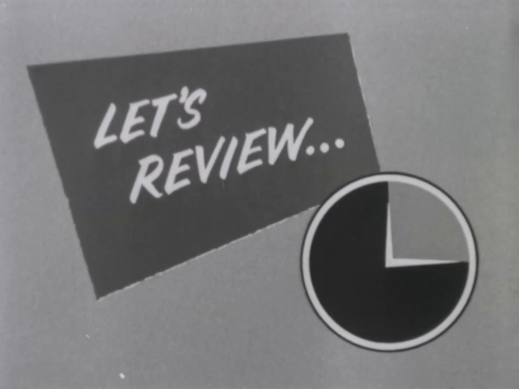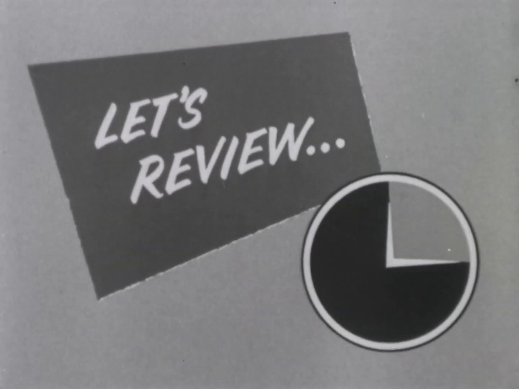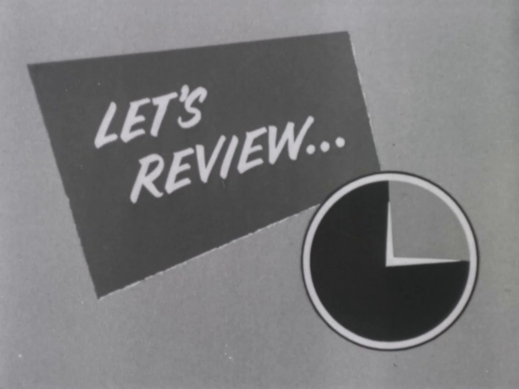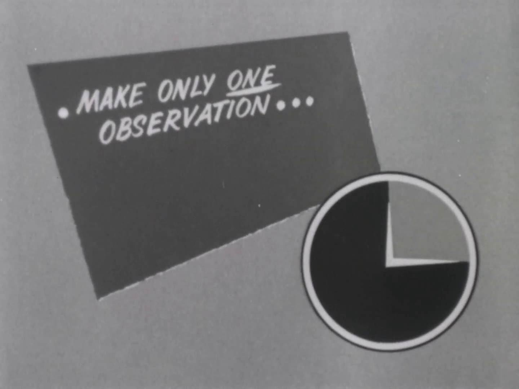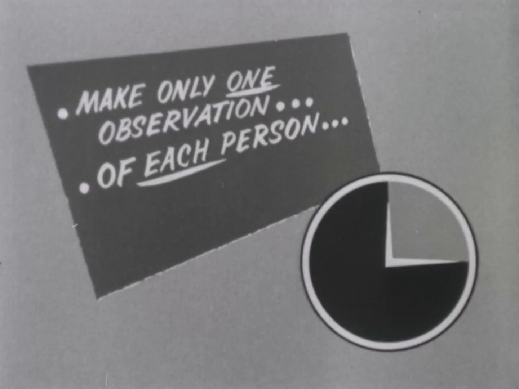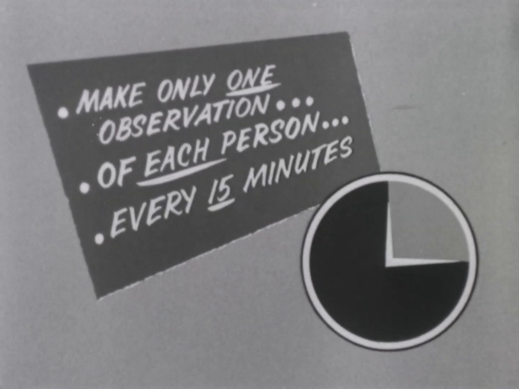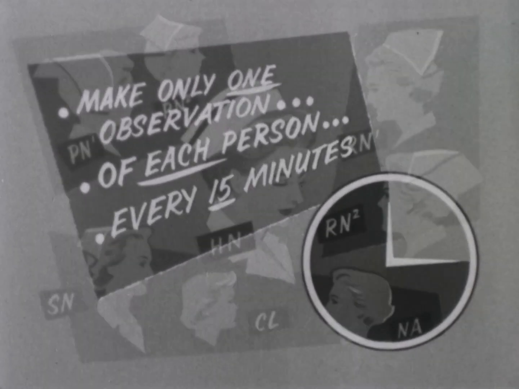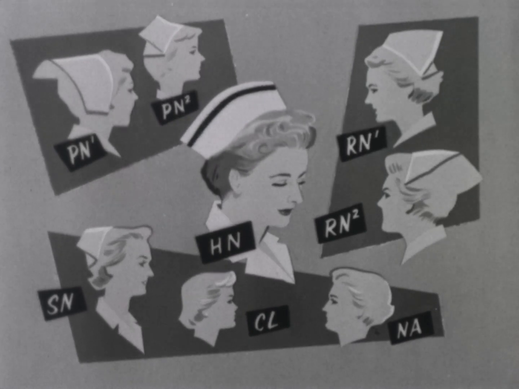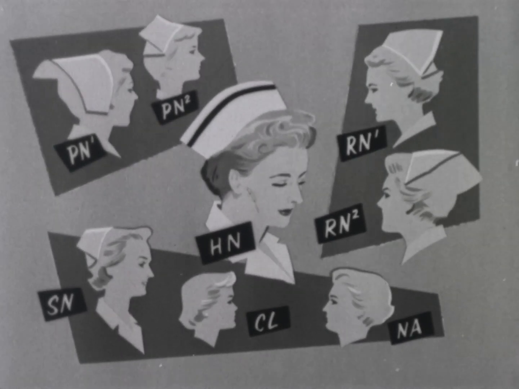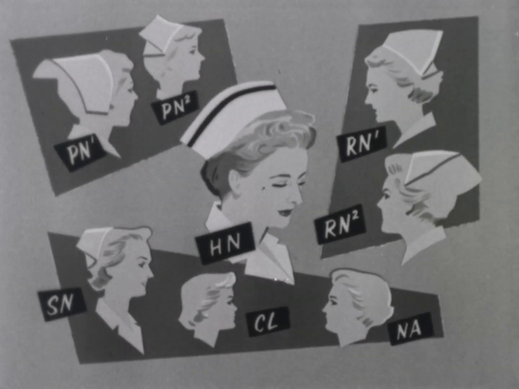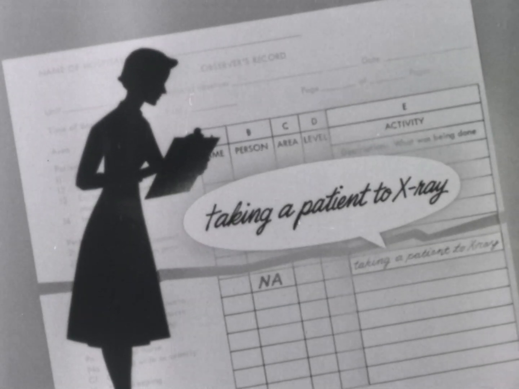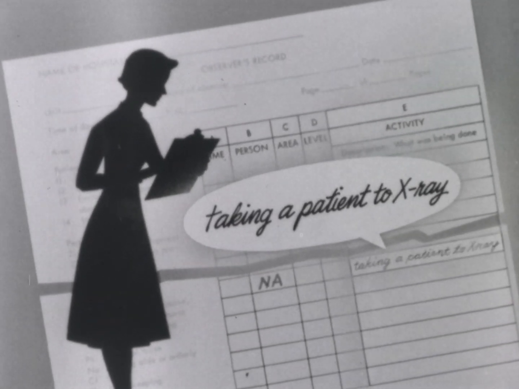Now let's review. The important steps to remember are: make only one observation of each person every 15 minutes. Don't try to locate the staff in the order listed, but just as you happen to find them. First, write the activity clearly and concisely.